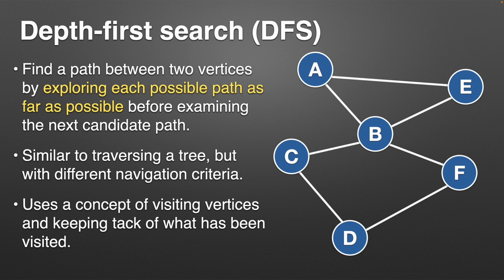So the idea here is that since we have a graph, it's not like a tree. We don't have a clear route necessarily, right? But say we pick one, and maybe we're just trying to navigate, like these represent locations. So we could just say we're at location B. That helps us start, right? We have a starting point, and we want to know if we can get somewhere else within the graph.